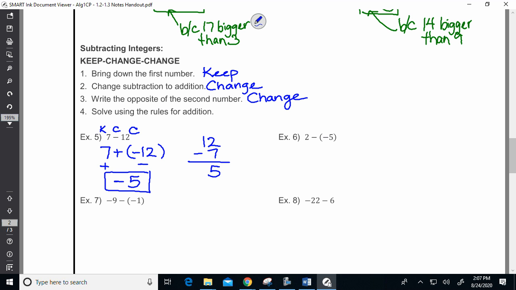That answer is negative. Any questions with problem 5? It's pretty much the same process we're going to use with 6, 7, and 8.